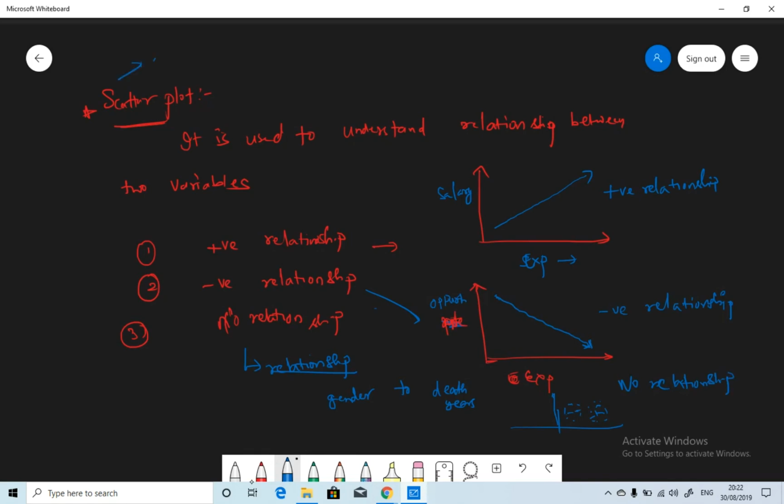This is one of the methods for finding the relationship. It is not the perfect or fixed method. I hope you are clear with this, positive relationship and negative relationships.